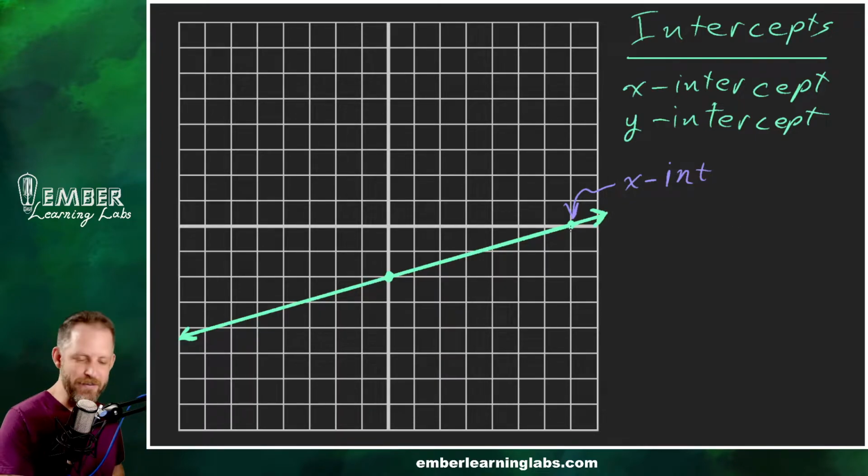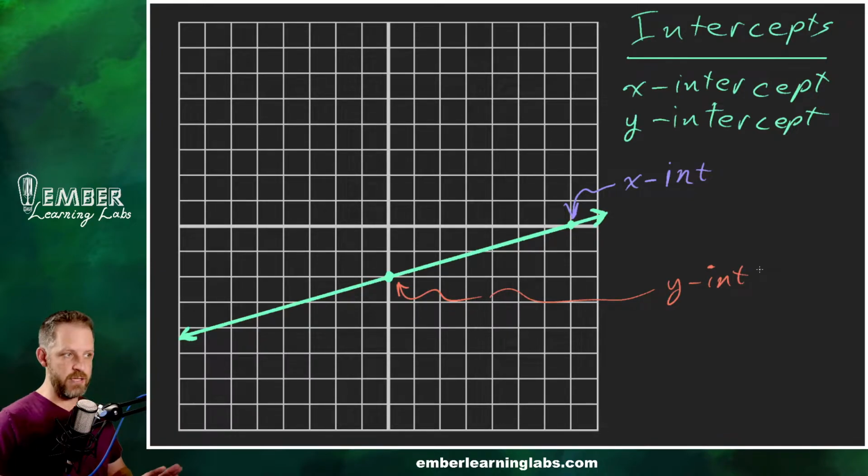The x-intercept is right there. The y-intercept is right there. So what does that mean? At this point, it's probably relatively obvious, but if not, the x-intercept is where the graph crosses the x-axis.